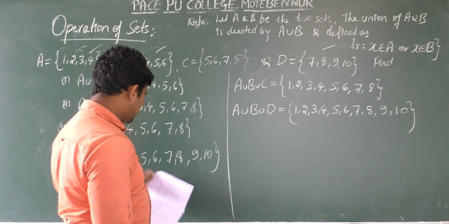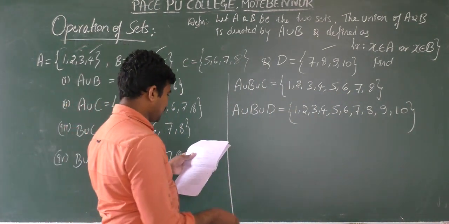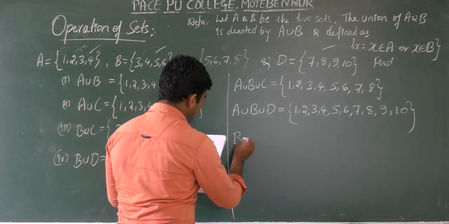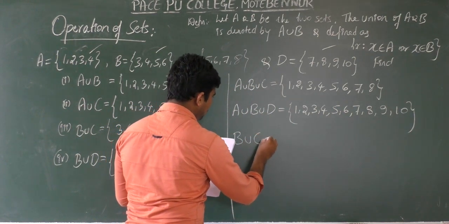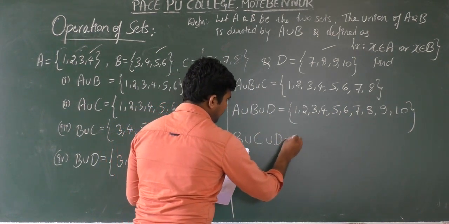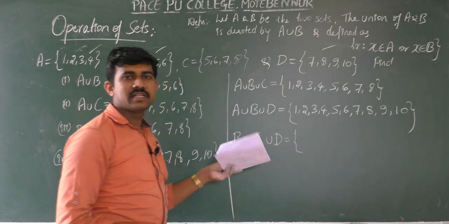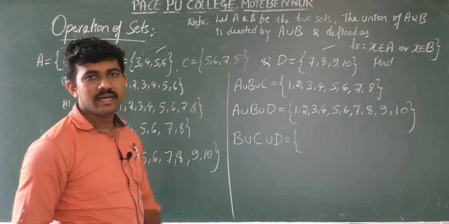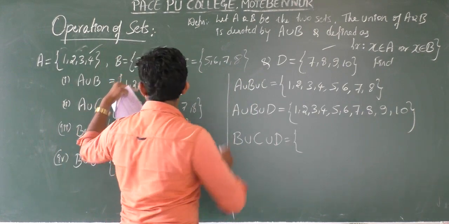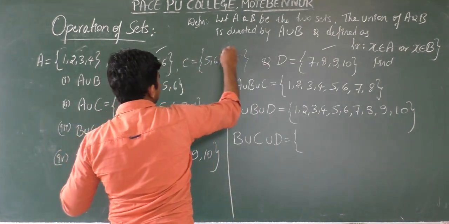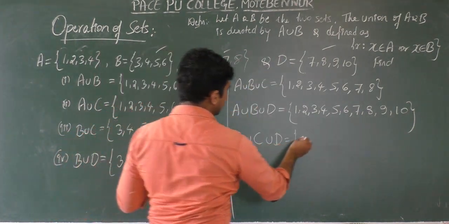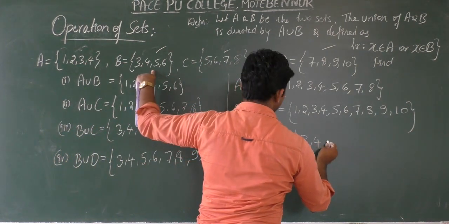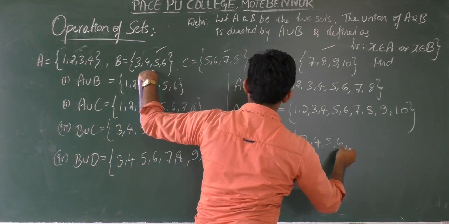The next question, similarly, you can solve: B union C union D. Do it yourself. B, C, D, its elements you have to collect now. That is 3, 4, 5, 6.